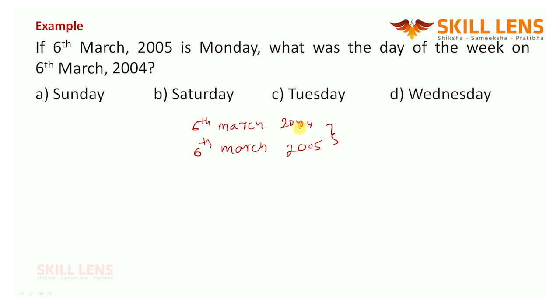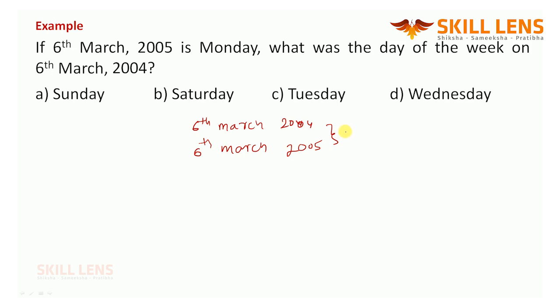Yes. But the point is this. 2004 is a leap year? Yes. When 2004 is a leap year, can you get 2004 to 2005 March? How many days will be there?